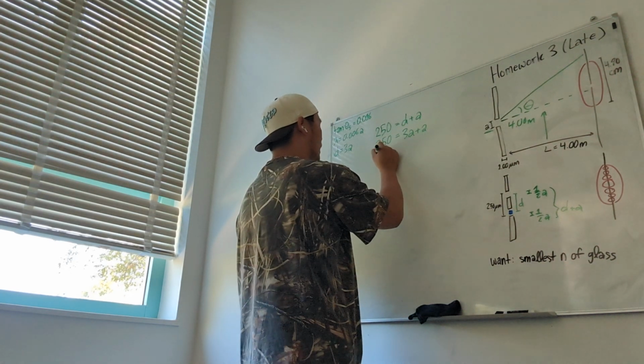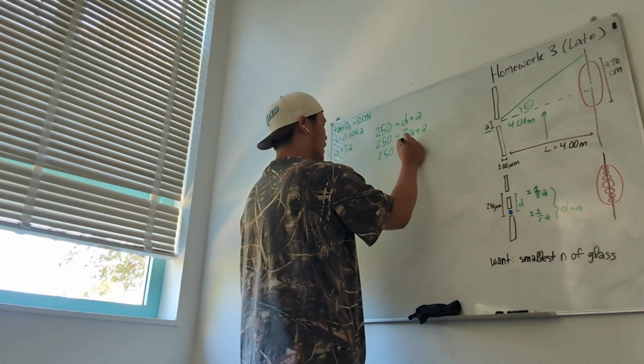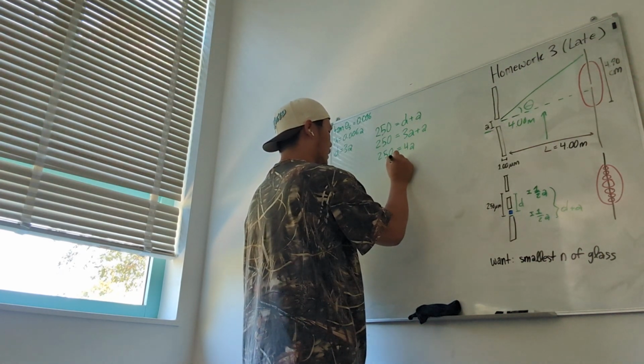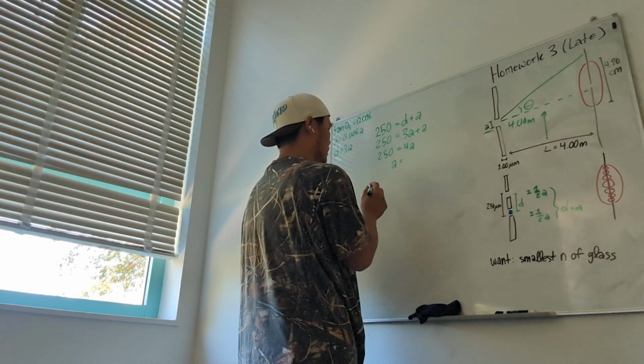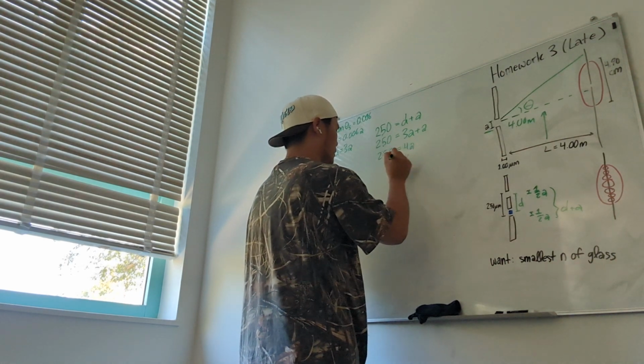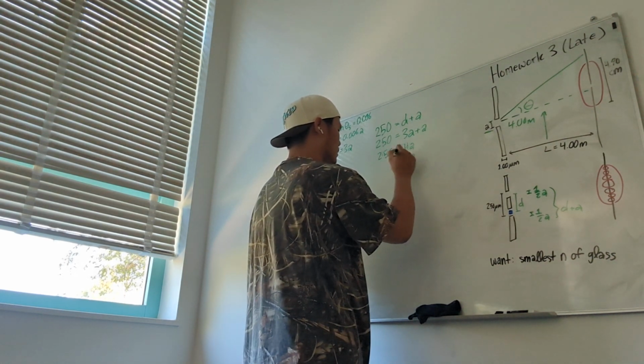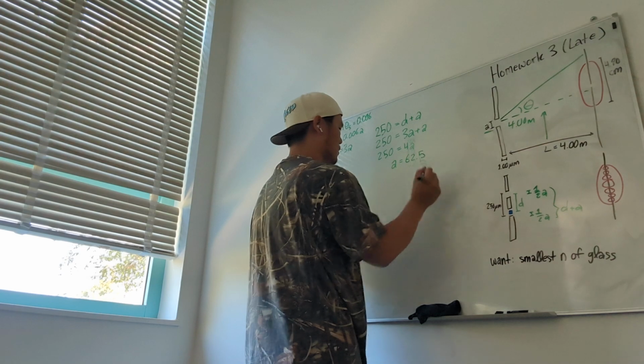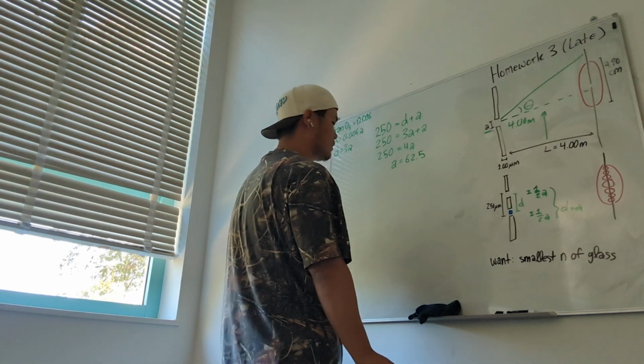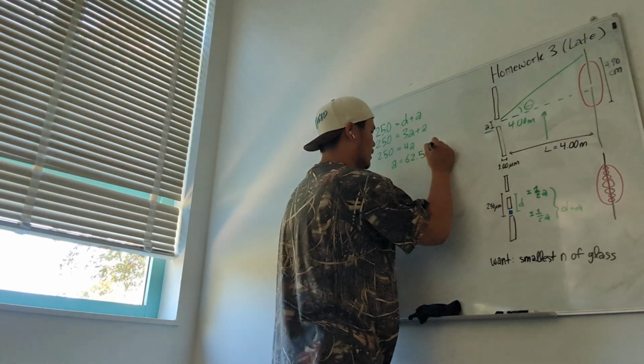Now we can solve for A. A is equal to 62.5, let's put some units, micrometers.